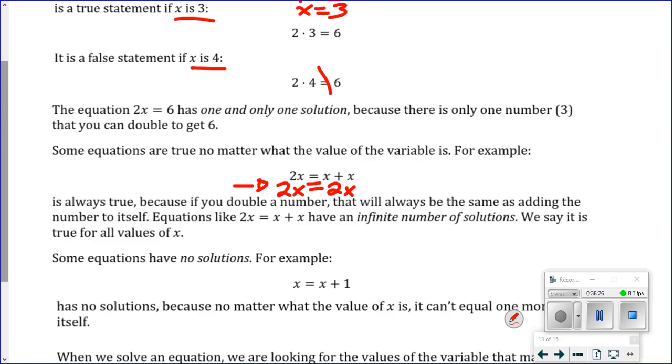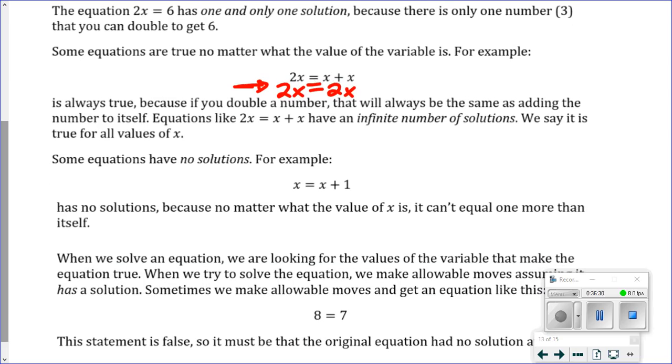Let's go ahead and take a look at our third option now and recap our third option for equations, which is that some equations will have no solutions. For example, with this equation, x will never be equivalent to x plus 1. Because remember, this side has the plus 1, this side does not, so therefore it will never be balanced.